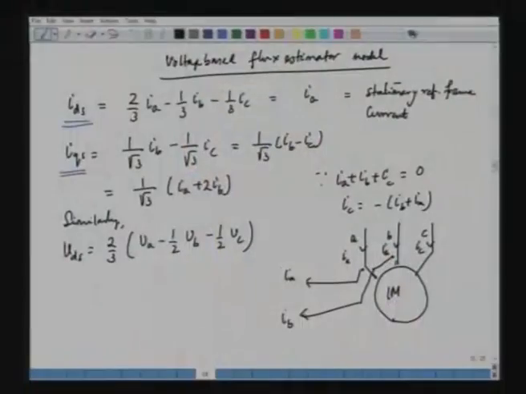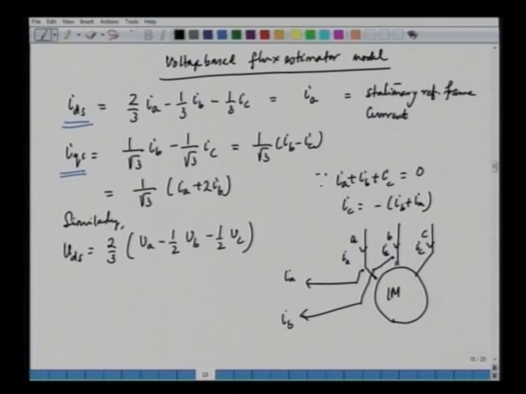So, if you substitute theta equal to 0 here, the angle of the reference frame is equal to 0, we can get back this as 2 by 3 into VA minus half of VB minus half of Vc, and this we can simplify, and that is equal to 2 by 3 VA minus 1/3 VB minus 1/3 Vc.